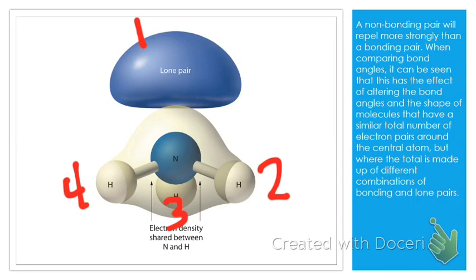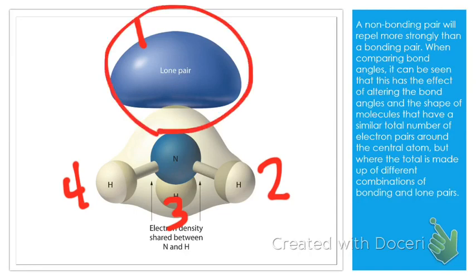But because this is a lone pair, I look at it and I say 3 bonded pairs, 1 lone pair makes that shape what? Trigonal pyramidal. And what would the bond angle be on trigonal pyramidal? 107.5.